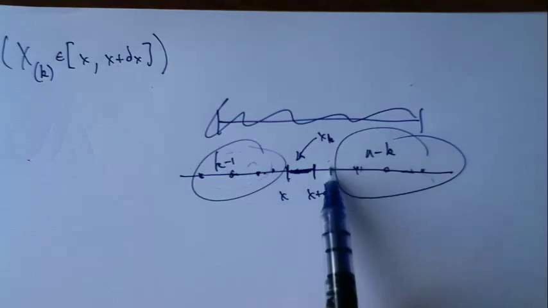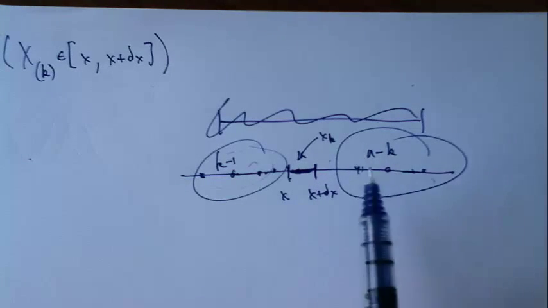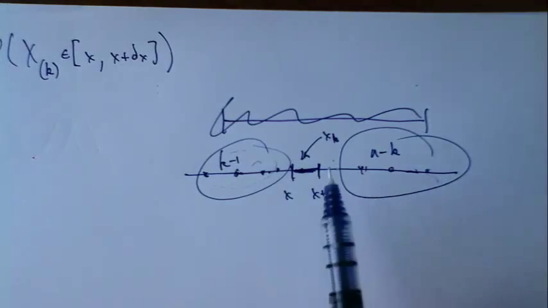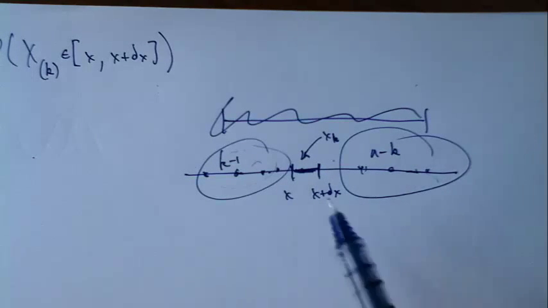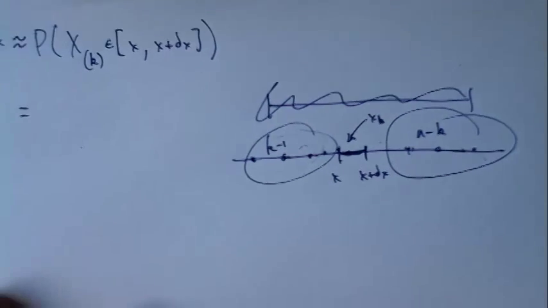And then the chance that any one of those falls off to the right over here is just going to be 1 minus the CDF evaluated at x, or x plus dx, but they're basically the same.